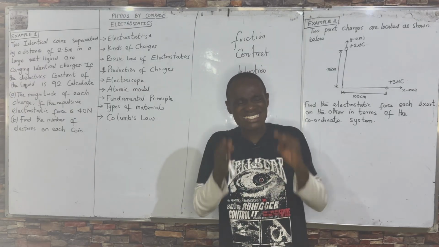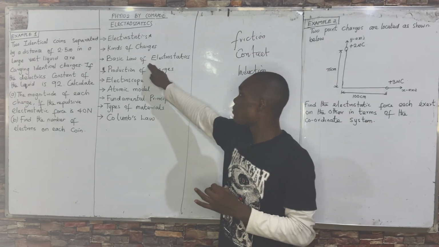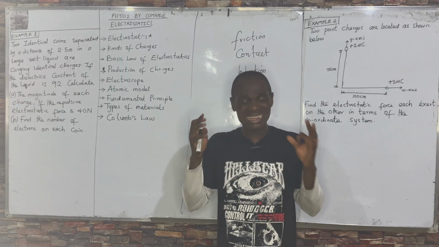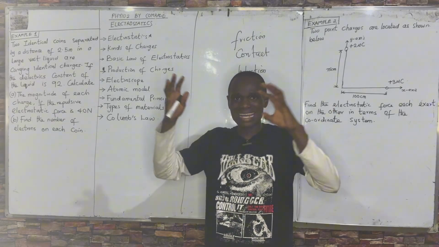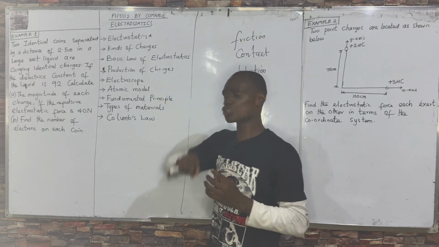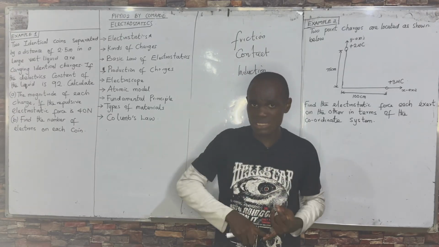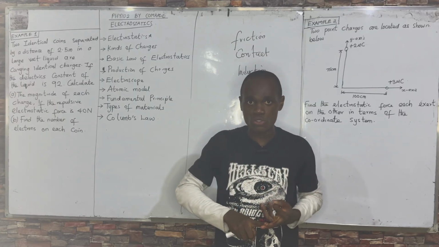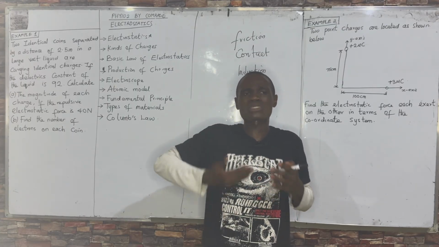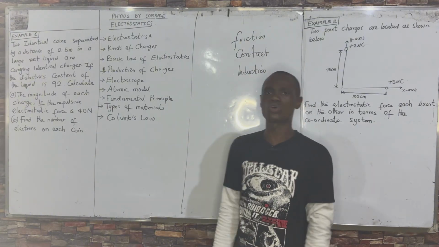When there is excess electron in a material, you have what? Negative charge. The basic law of electrostatics states that like charges do what? Repel, and unlike charges attract. Charge can be produced in three ways: by contact, by friction, and by induction. The production of charge in another body without actual contact is charging by induction.